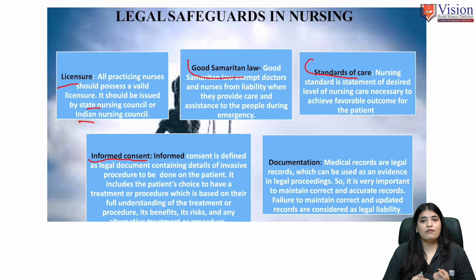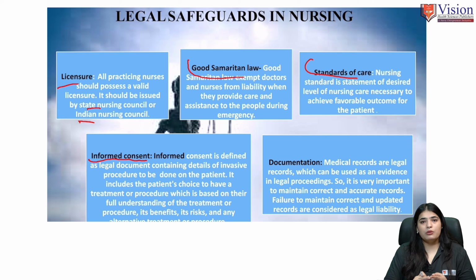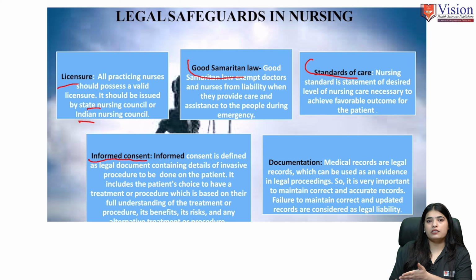Informed consent means whatever procedure we are doing, we have told the patient everything about that procedure in their language, whatever language the patient can understand. Whatever the positive aspects and the negative aspects of that procedure are, that is informed consent. In cases of legal or medical issues, it will provide nurses, doctors and healthcare providers a safeguard.